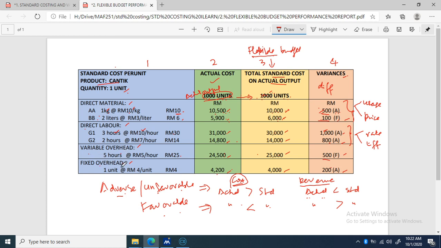So we use labor hours here. So maybe because of what? Expenditure, the rate, OAR, or maybe because of the efficiency, the labor hours are not the same. Okay, so this is how we analyze in detail under the topic variance analysis.